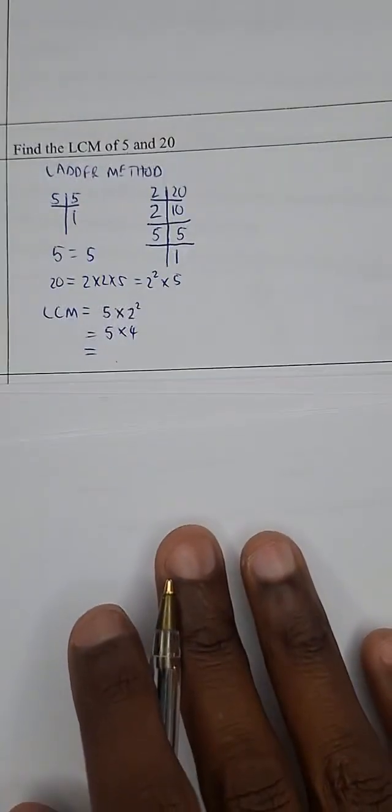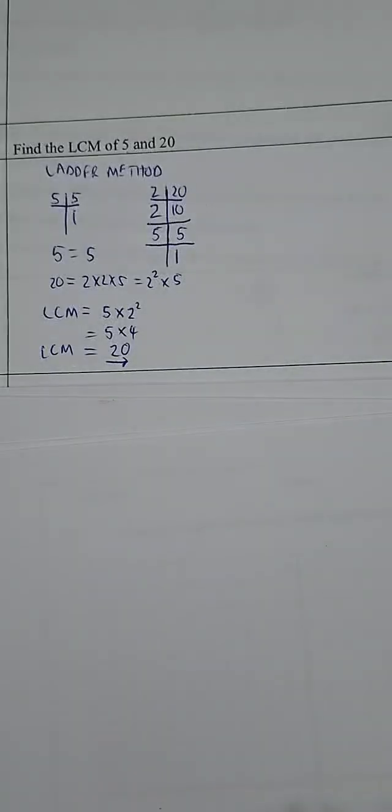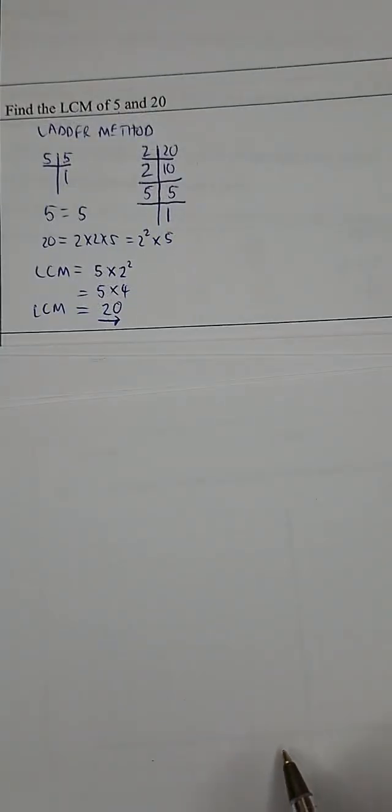So we are going to multiply that 5 with the 2 squared. But remember, what is 2 squared? It is 4. And what is 5 times 4? 5 times 4 is 20. So that means indeed the LCM using the ladder method gives us 20.